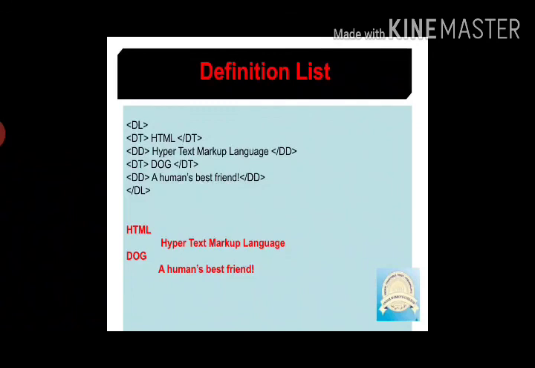This consists of one or more definition term DT elements followed by one or more definition description DD elements. Consider the definition list which I mentioned here: a definition of HTML and a definition of dogs are listed by using the definition list.